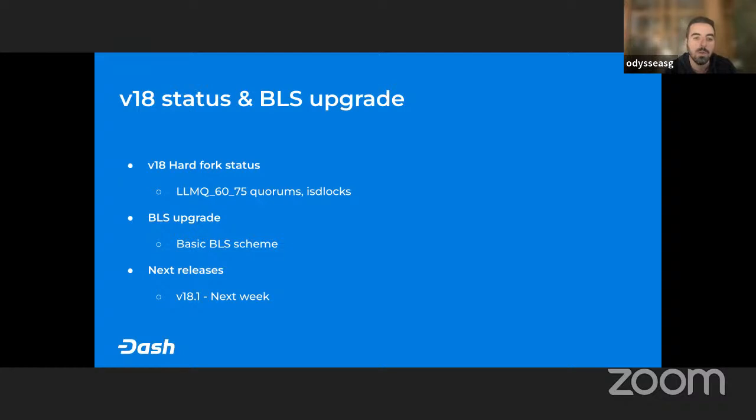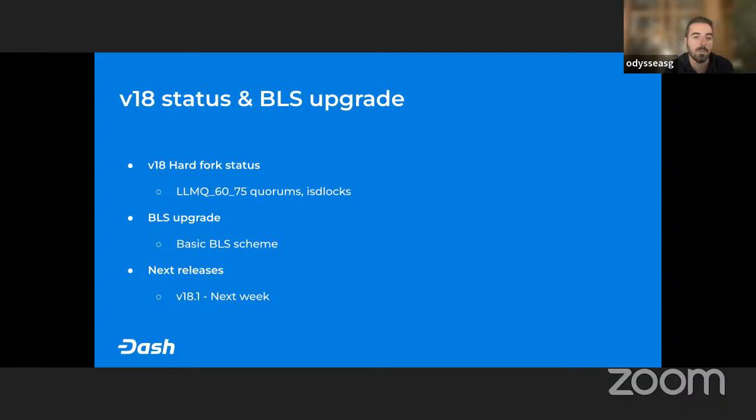We have the new rotated LLMQ 60/75 forming with the new rotation algorithm. The previous LLMQ 50/60 are considered deprecated right now. And we have deterministic InstantSend locks happening using the new quorums.